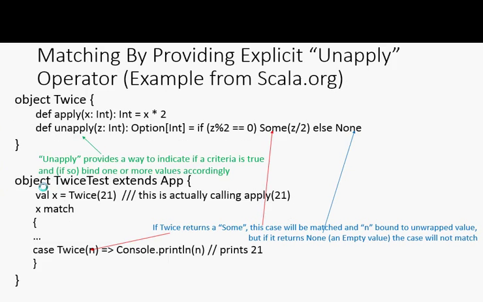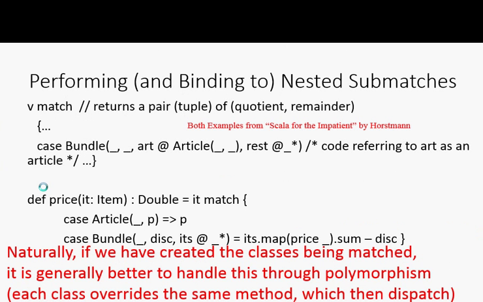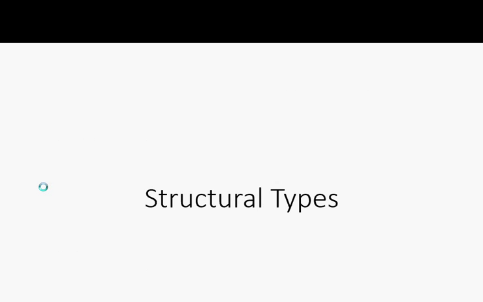Now, it turns out that it has some really nice features to it. And I'm not going to go into nested submatches because we don't have time. But I will show you one feature that's quite nice, okay?